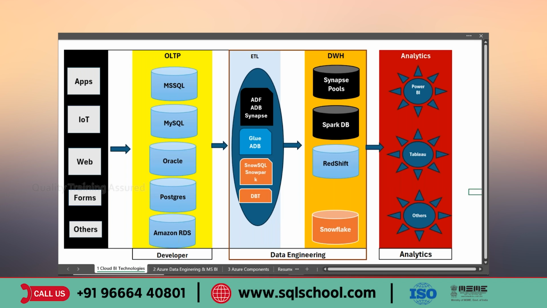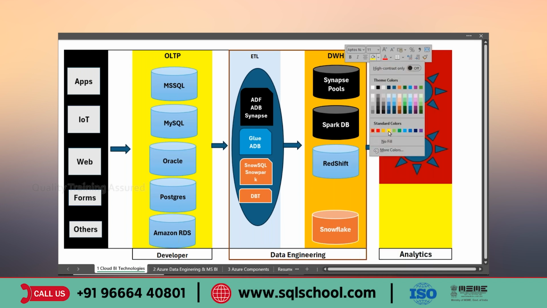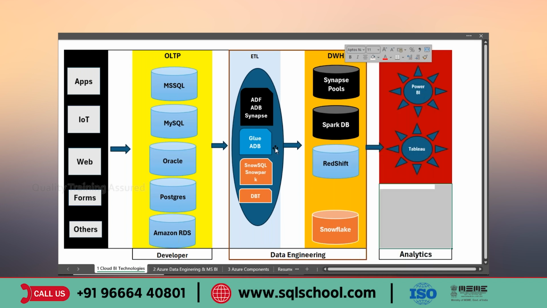So I have a question there, sir. From your perspective, in terms of overall adoption, which is better? Is it the AWS platform with data warehousing technologies like Glue, Athena, Redshift, or is Azure better?